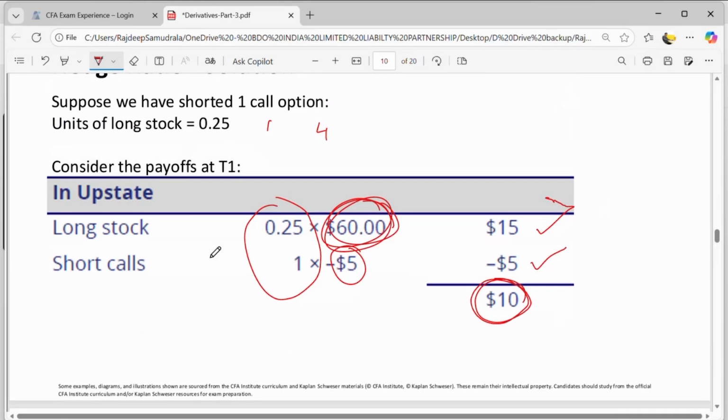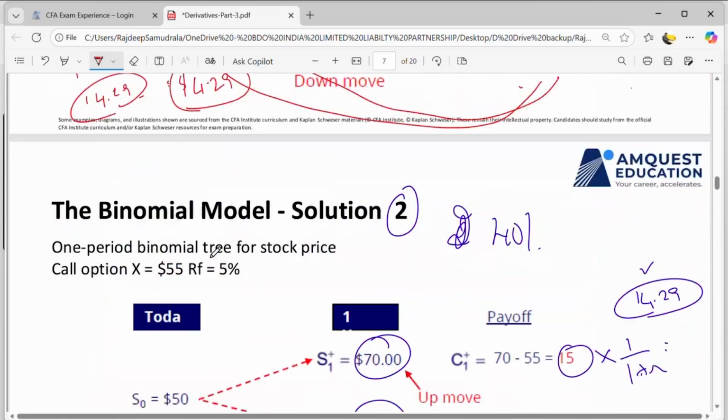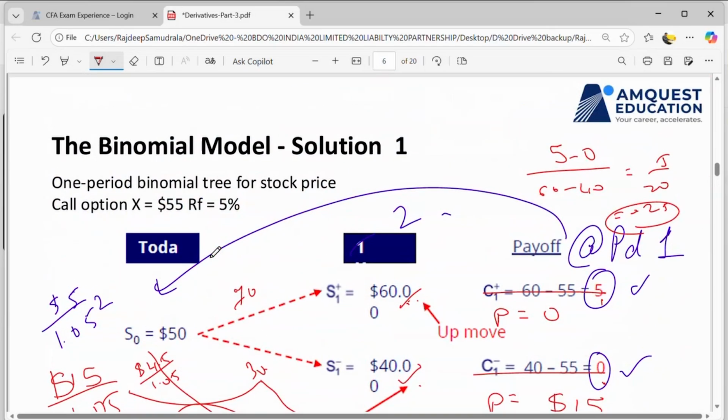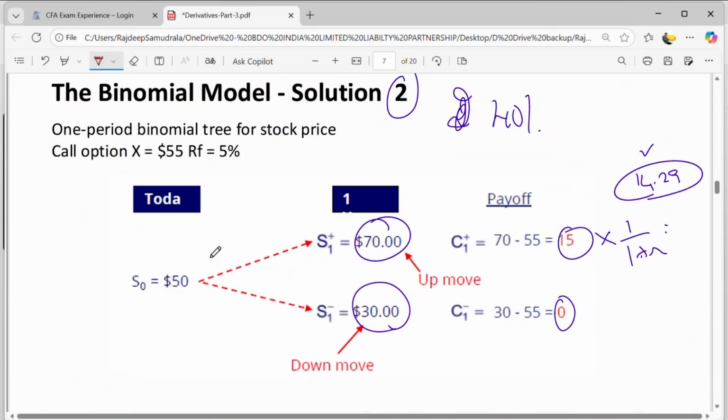Correct? 0.25 to one. So now let's do one sum. You tell me, this scenario only. Now I'm telling you, I have longed 10 shares, but I have shorted 40, because the scenario ratio is 1:4.